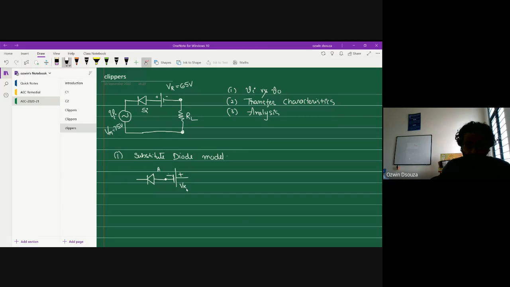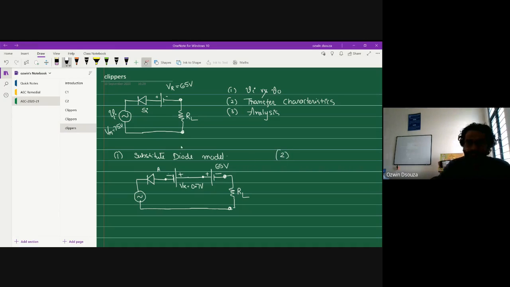So this is your Vk, which is equal to 0.7 volts, because it's a silicon diode. And then you have the reference DC source with a potential of 65 volts, and then comes the source followed by the load. Okay, this is RL. So this is your first step.